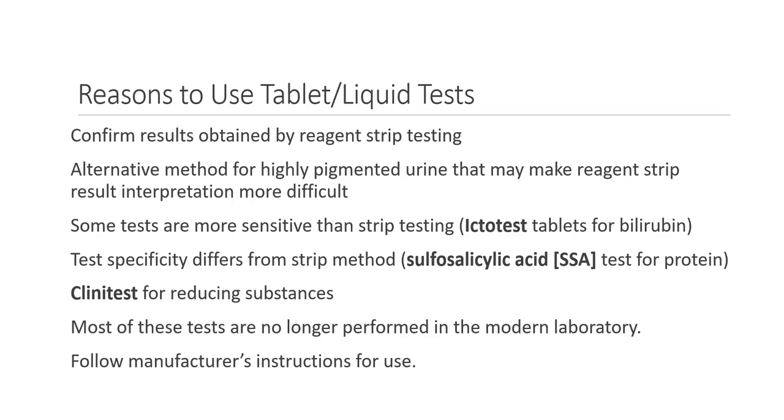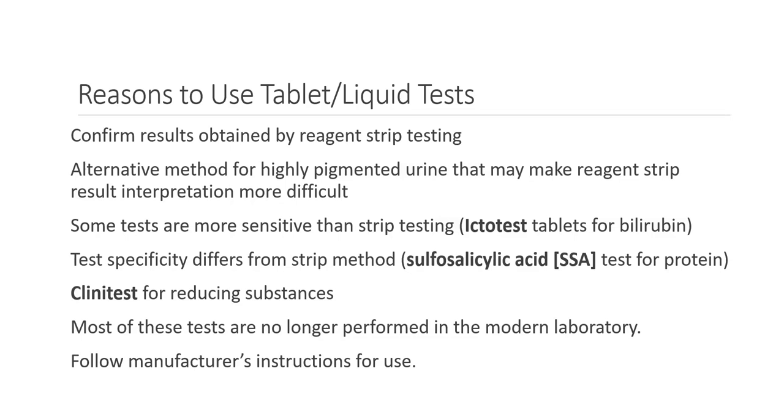They're also used as alternative methods for highly pigmented urine that make reagent strip result interpretation more difficult or impossible. Some tests are more sensitive than strip testing, for example, the Ictotest tablets for bilirubin. Test specificity differs from the strip method, such as the sulfosalicylic acid (SSA) test for protein, and the Clinitest for reducing substances other than glucose.